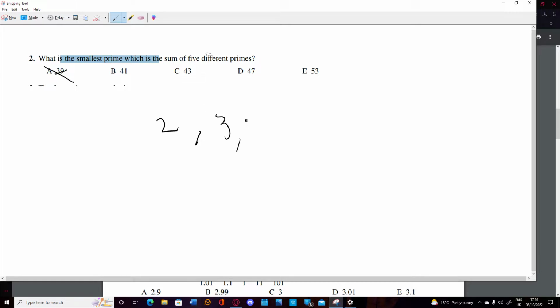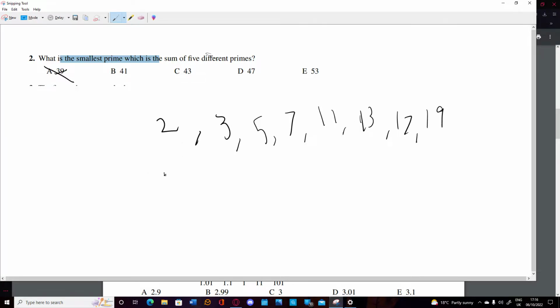So 2, 3, 5, 7, 11, 13, 17, 19. To get 41, is it possible to get 41? Because you want the smallest prime. So is it possible to get 41 from adding 5 of these?